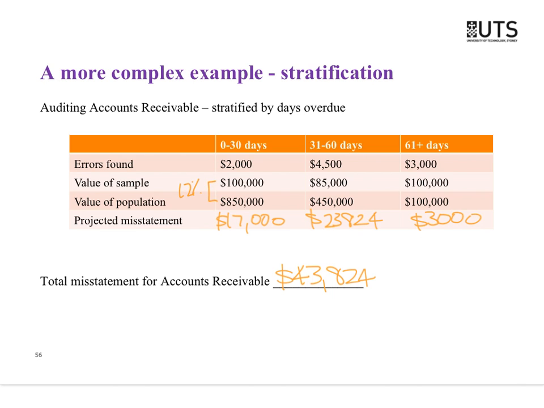In my second strata, I checked 19%. I thought there was maybe more risk of misstatement there, so I've checked a higher proportion. And then here, you'll notice that I've actually checked 100% because I'm more worried about the level of risk.